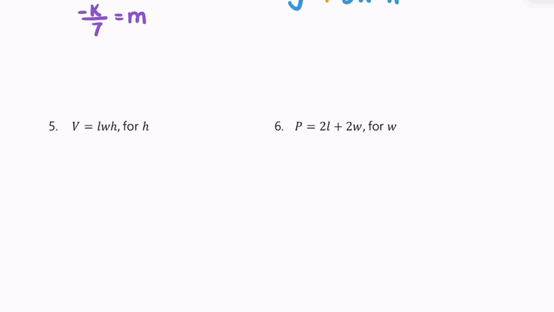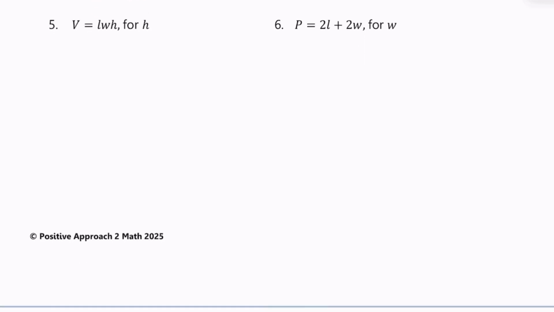All right, the last 2. So for number 5, they want us to isolate h. This is the volume formula for a rectangular prism or whatever you might have. It's length times width times height. And so if we wanted to isolate and solve for the height, that's saying we are currently multiplying by L and W, and we can get rid of that all in one.